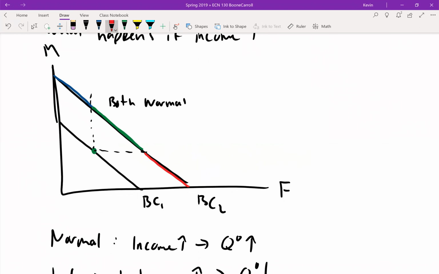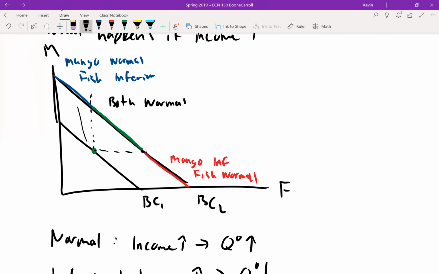So if our mangoes are inferior and fish are normal, we'll be down here in this red zone, because we had this increase in income, but now we demand more fish and less mango. And up in this blue zone, we'll have just the opposite, where mangoes are normal, but fish are inferior. As we move up, we're consuming less fish, but more mangoes.